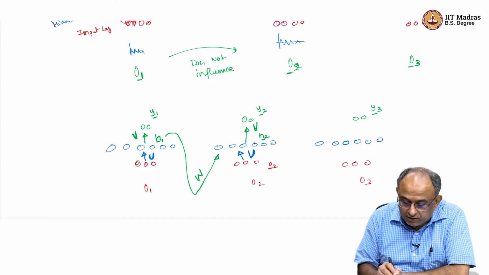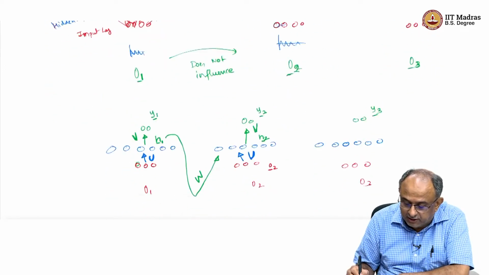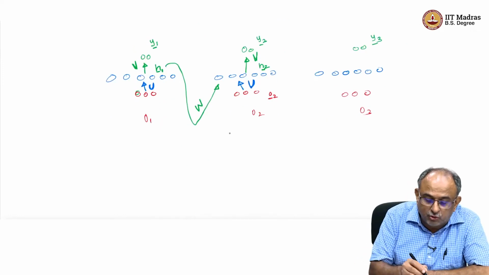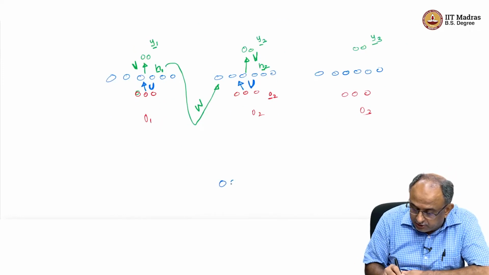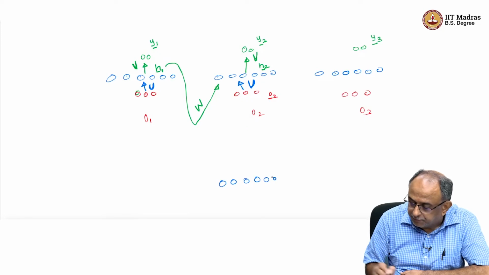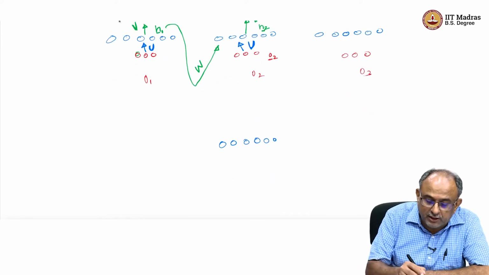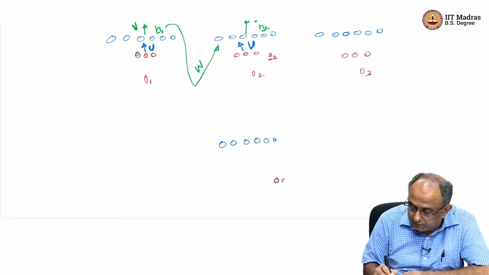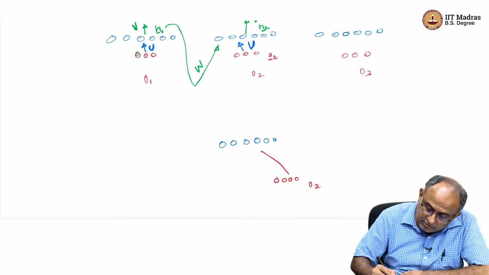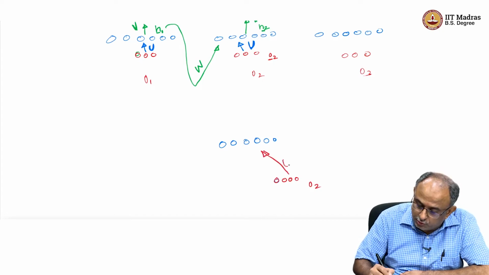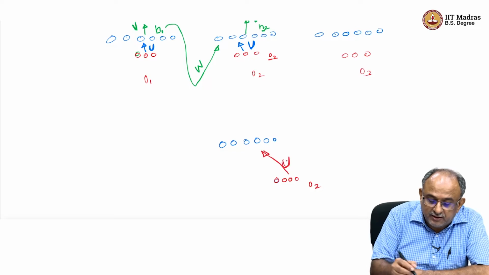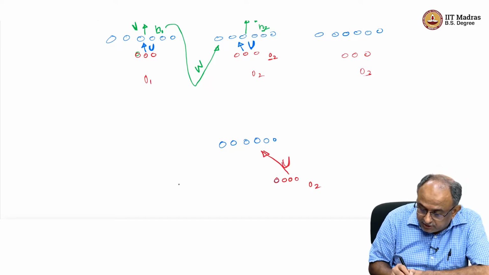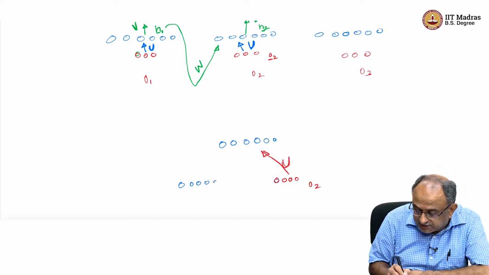So now if you look at this O2 hidden node, this hidden node will be like this. There will be two inputs coming, one coming from O2, this is the O2 vector, this will feed through the U matrix. There is another input that is coming here, which is the H1, the previous guy's output H1, okay.